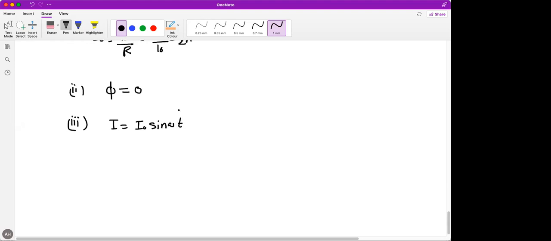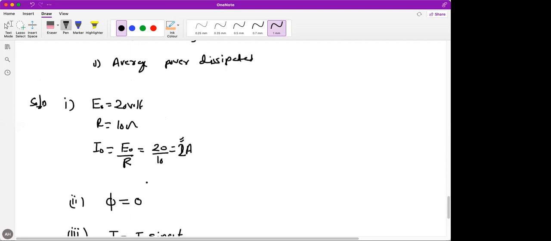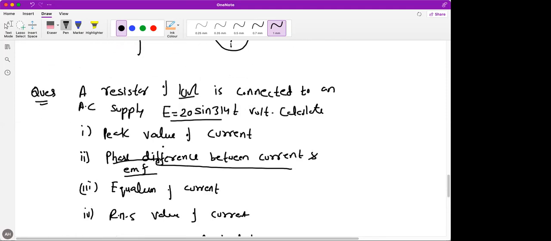Shazada, how much is I naught? I naught is 2 amperes. So I is 2 sine. How much is omega, Fatma? Can you calculate omega from this equation?